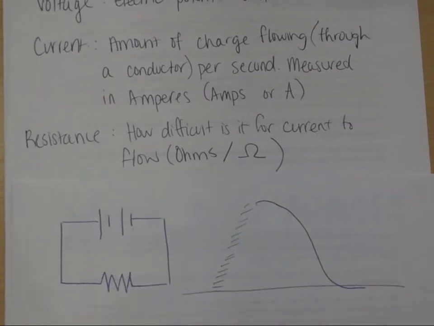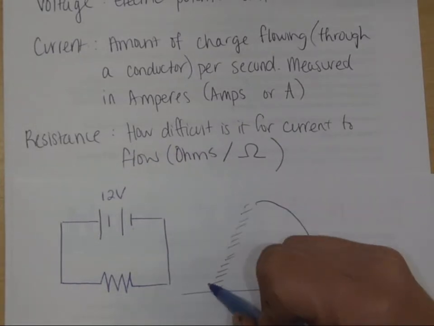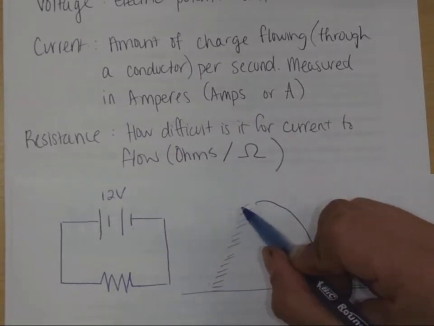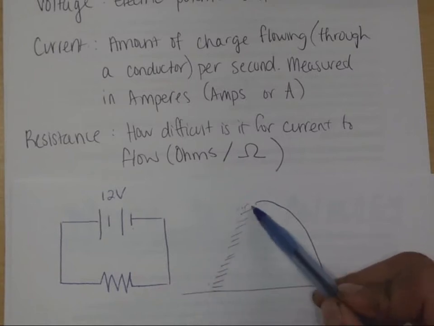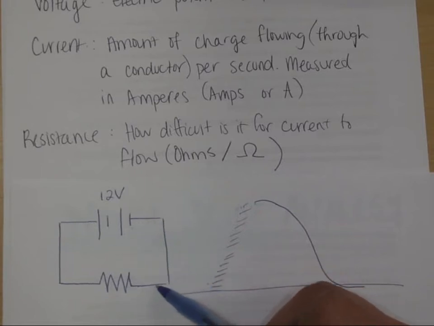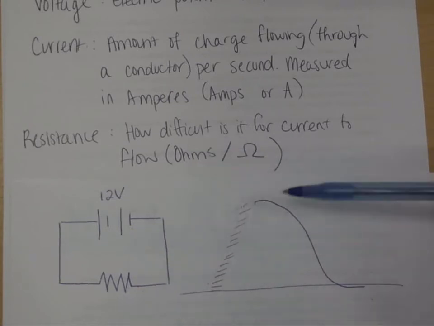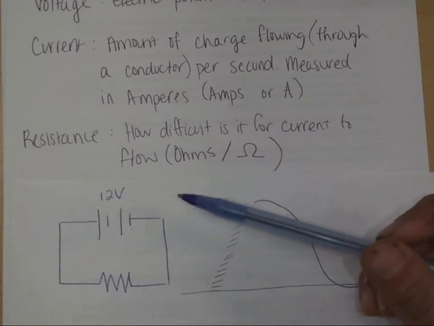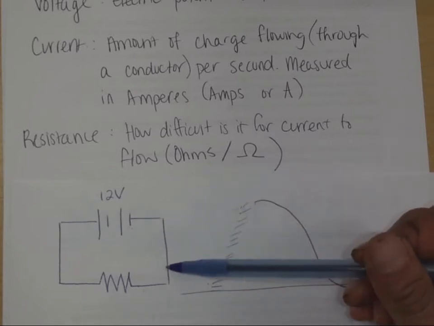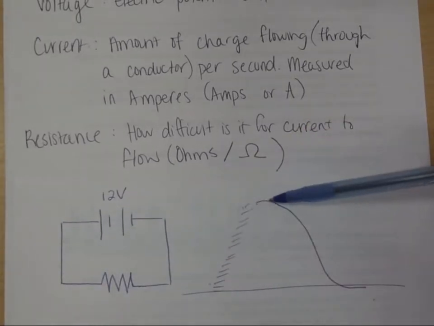All right. So if I have a voltage here of 12 volts along this battery, so that means all of my current is gaining 12 volts. So they're gaining an electric potential of 12 volts. When they are flowing through this wire, they then hit a resistor, and that resistor is represented by this slide. Okay? So what's going on here is that I have a current flowing through this slide, and to actually get back here, they have to go down 12 volts.